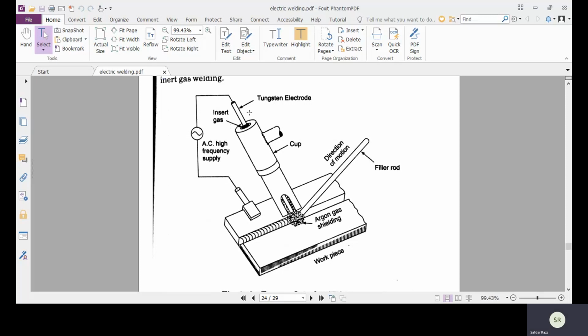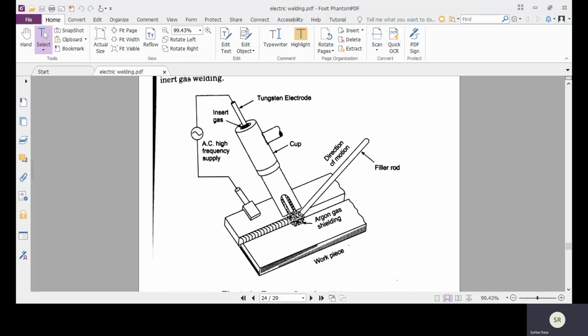In the figure, this is the tungsten electrode and this is the workpiece. The tungsten electrode is a non-consumable electrode. A shielding is provided by argon, helium, and carbon dioxide to avoid atmospheric contamination of the molten weld pool.